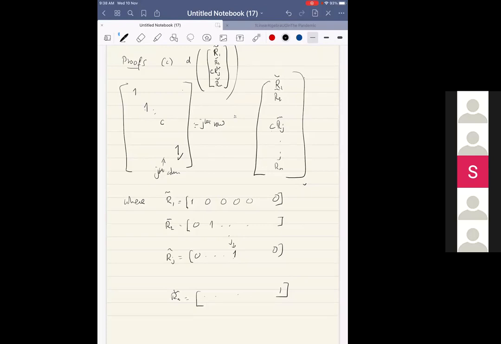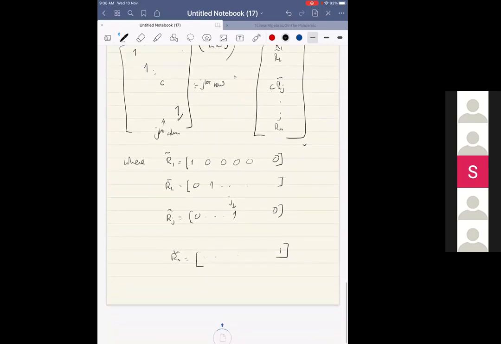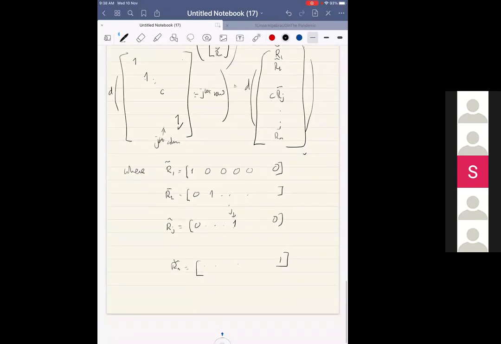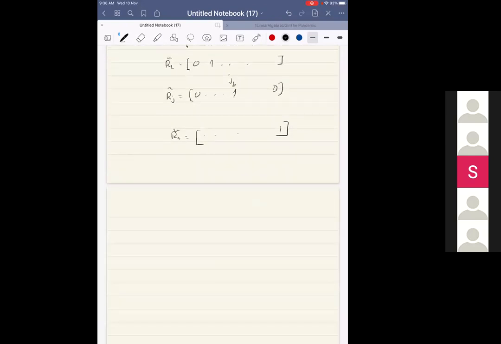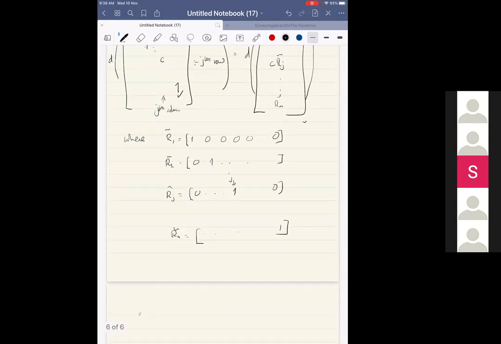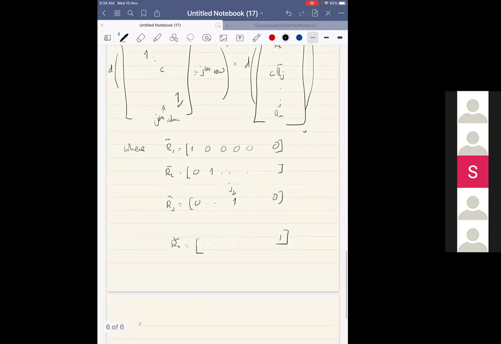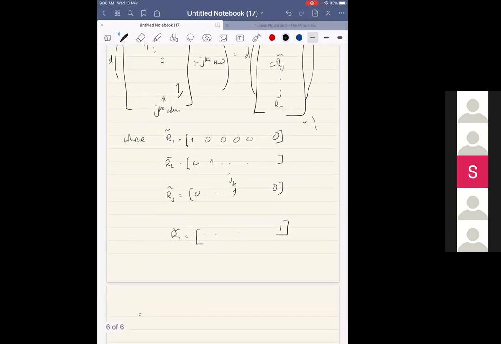Yes, sir. Okay. So now, if I take D of this, that's the same as D of this. What does property 2 tell me? D of this is what? C times D of R1 tilde, R2 tilde, Rn tilde.